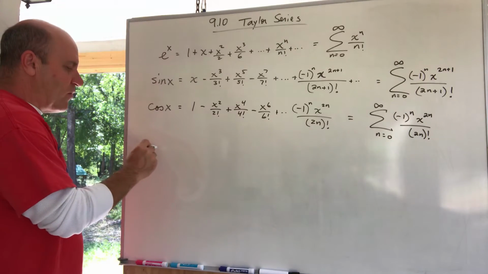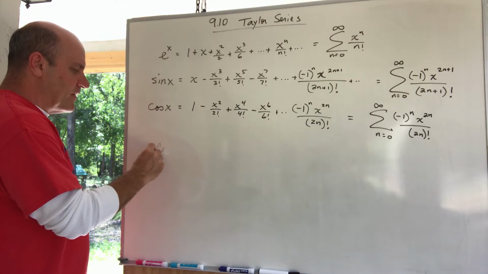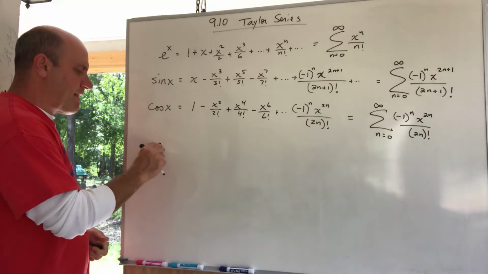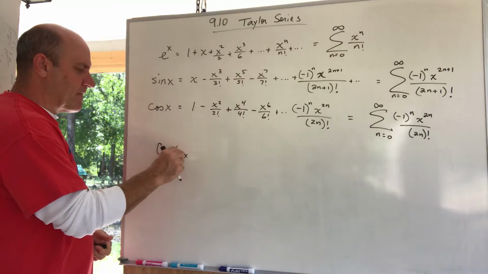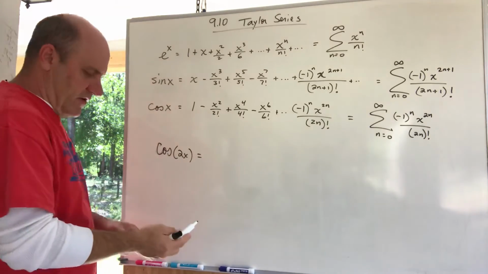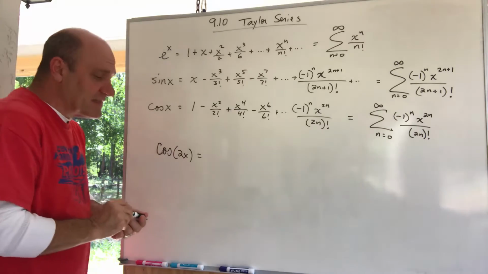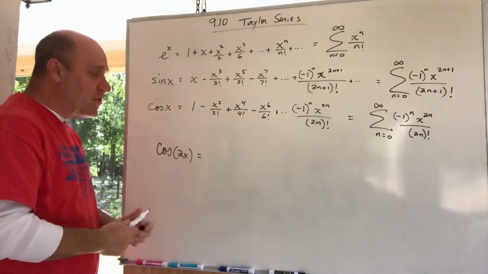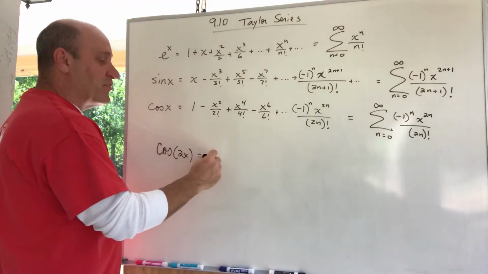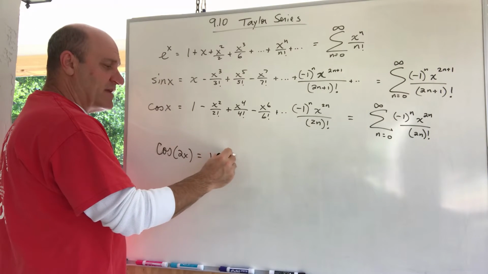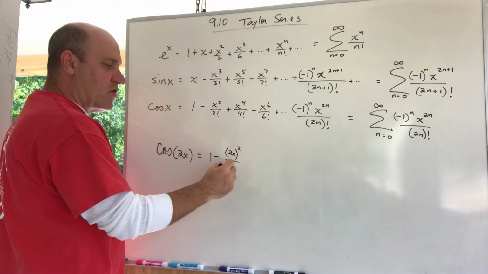So look, if I want a series for the cosine of 2x, I go to this cosine function. I've got a series for the cosine of x. How do I get it for the cosine of 2x? Well, I replace all the x's with a 2x. Now be careful, that means that the whole quantity is squared.